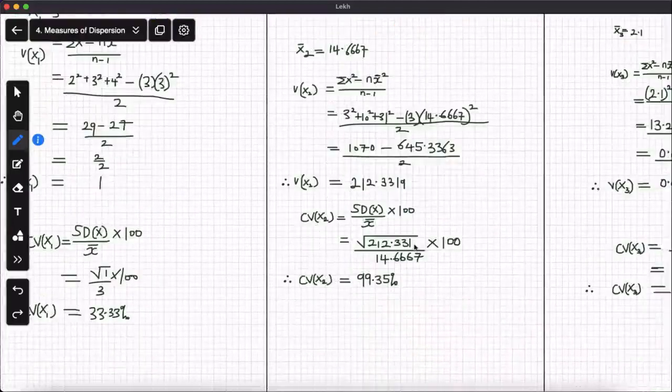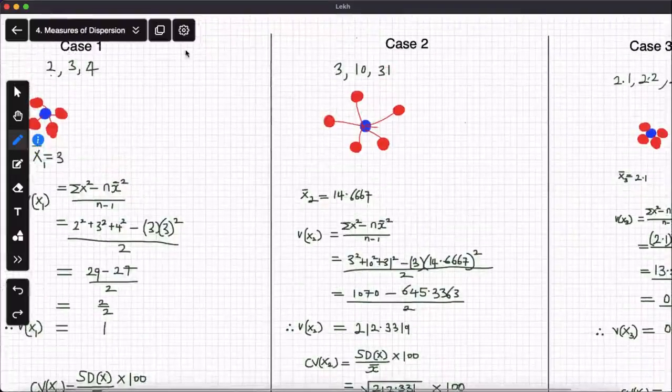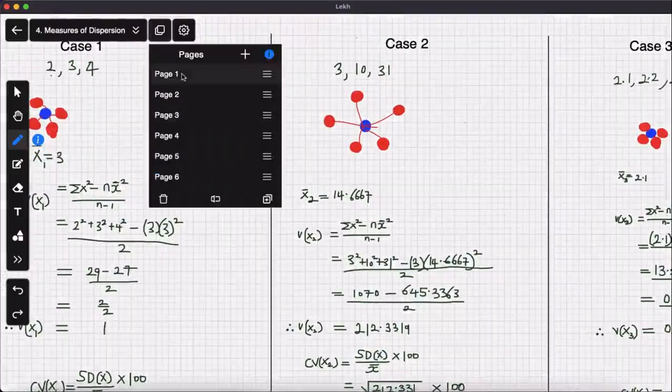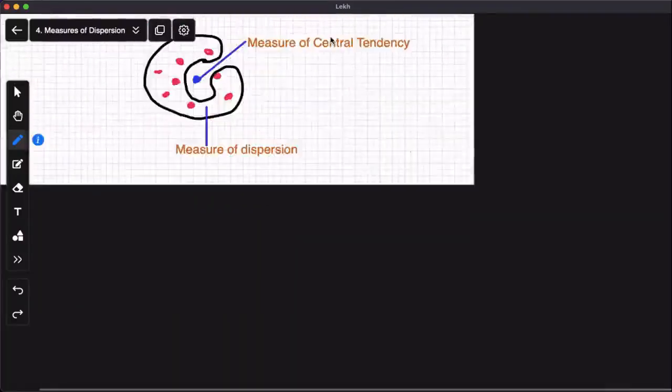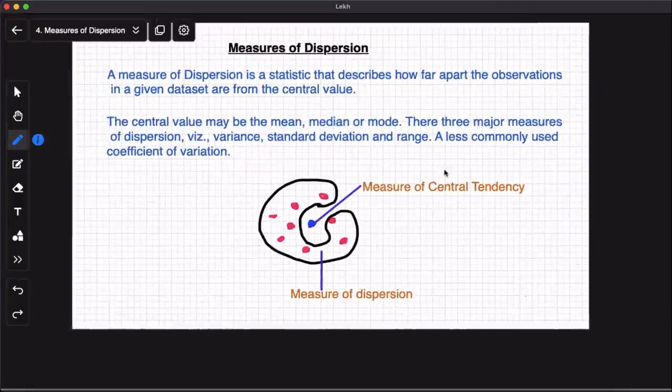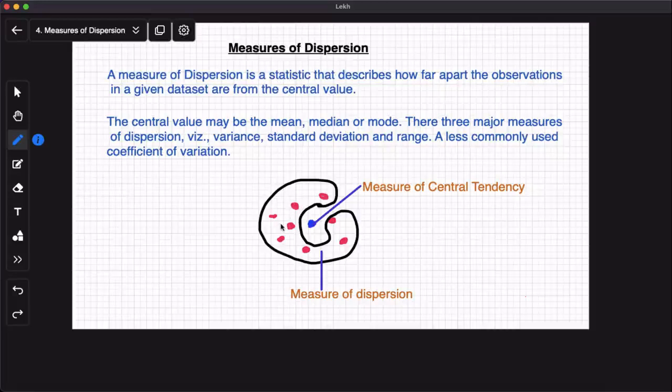That being said, let's quickly recap what we meant by measure of dispersion. Measure of dispersion looks at how far apart the observations in a given data set are.